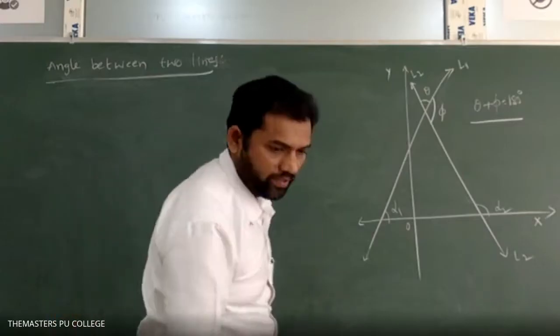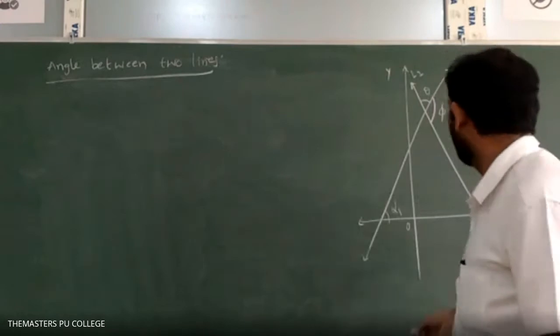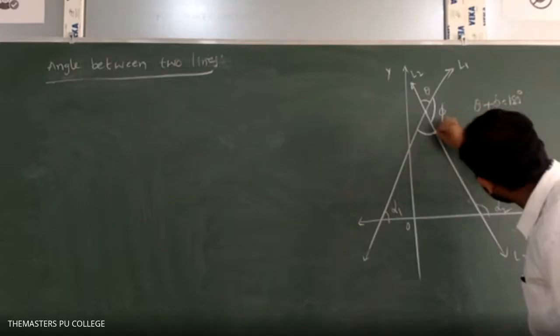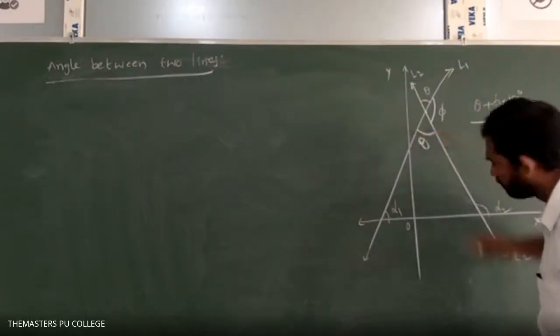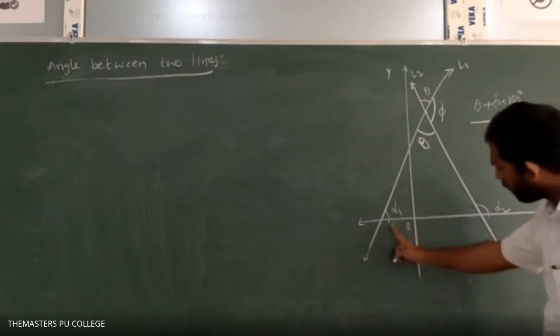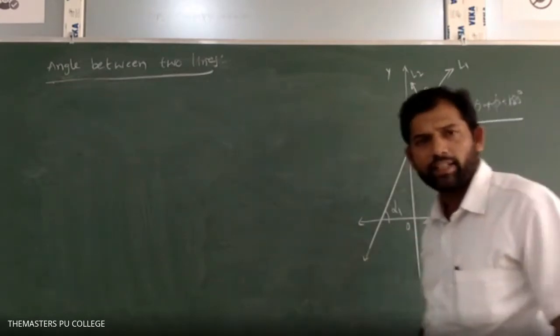See, students, now you see this. This is the same procedure you have to follow. This angle is theta. And you see, alpha 2 is the exterior angle, alpha 1 and theta both are interior angles.